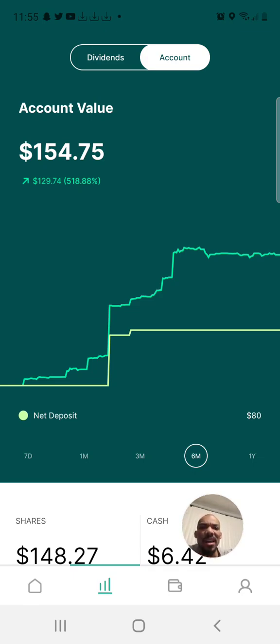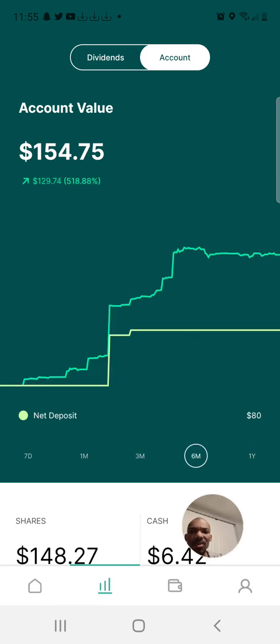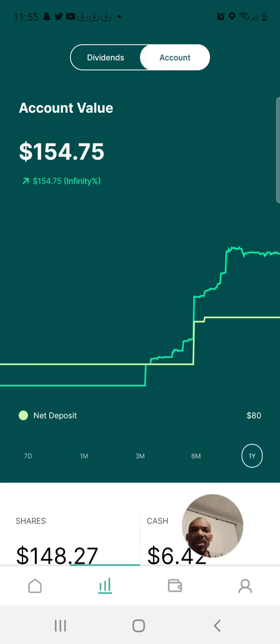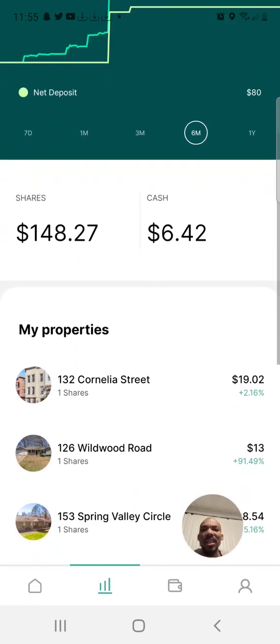I think it might have counted me depositing some money, because that 518% just doesn't sound right. So it seems there is a glitch for 6 months and a year. We're probably going to have to talk to them about that, because this literally says infinity. Definitely a glitch right there.